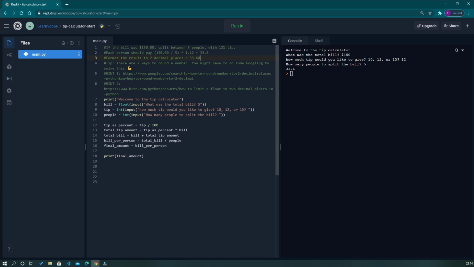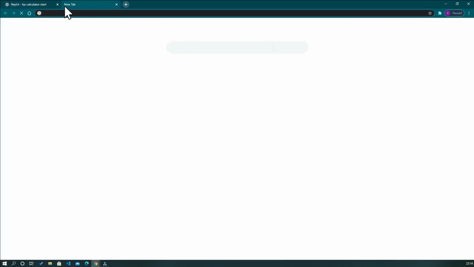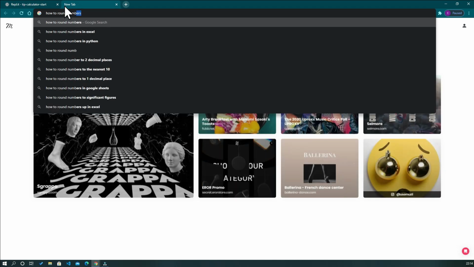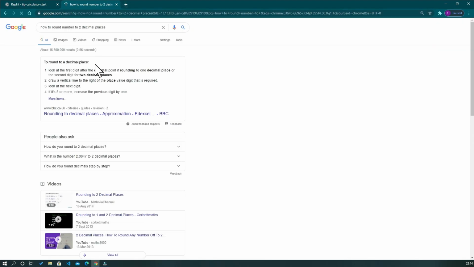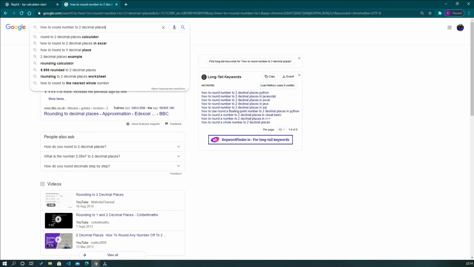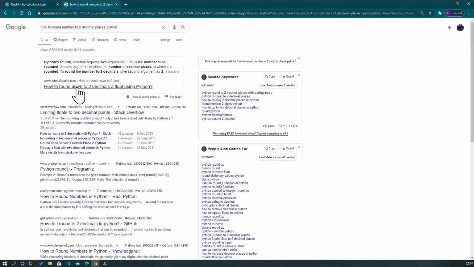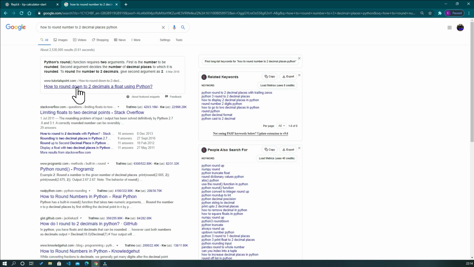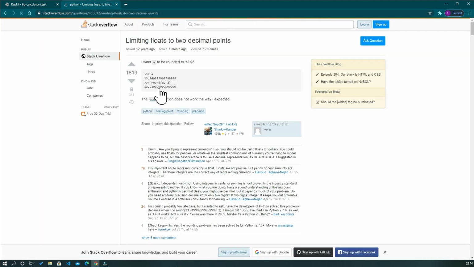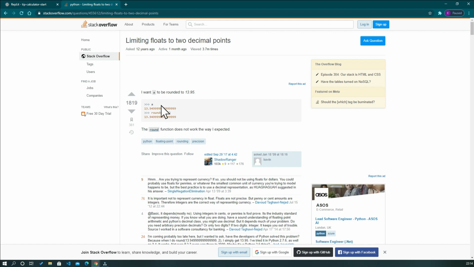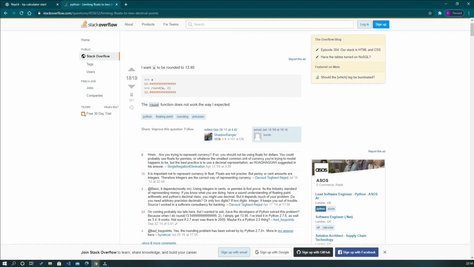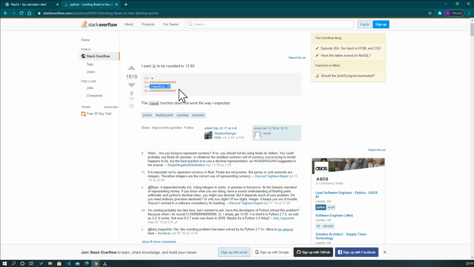How to round a number to 2 decimal places in Python, at least. Limiting floats to 2 decimal places.